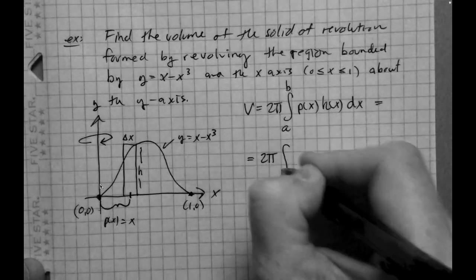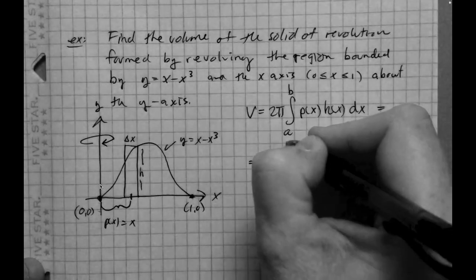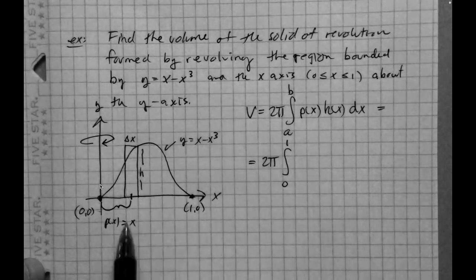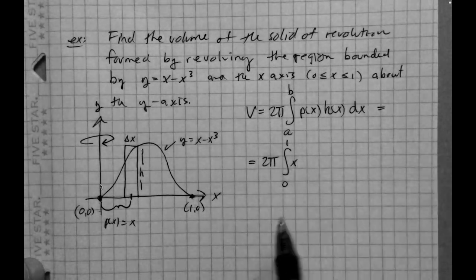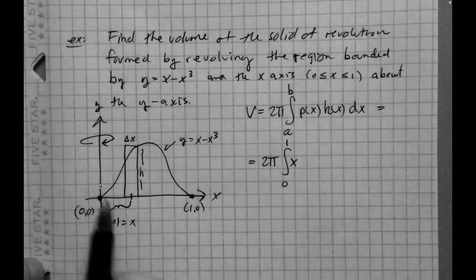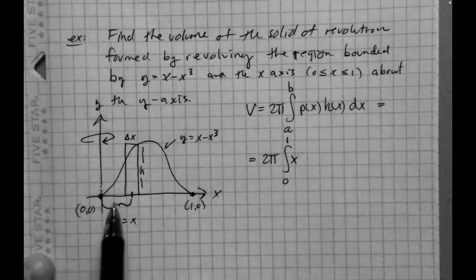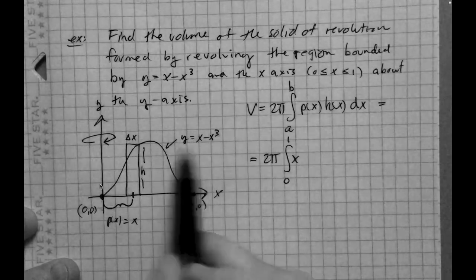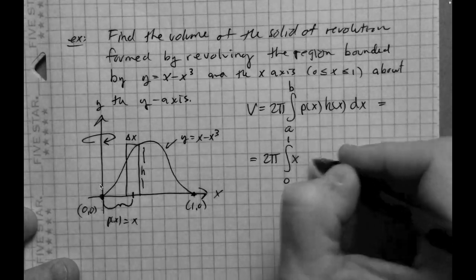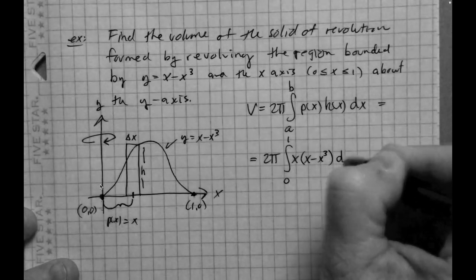Well, we're going to integrate from 0 up to 1. P of x, we say, is just x. It's going to tell us the distance of the average radius of the shell. And then h of x is this function right here, and so that's going to be x minus x to the third power.